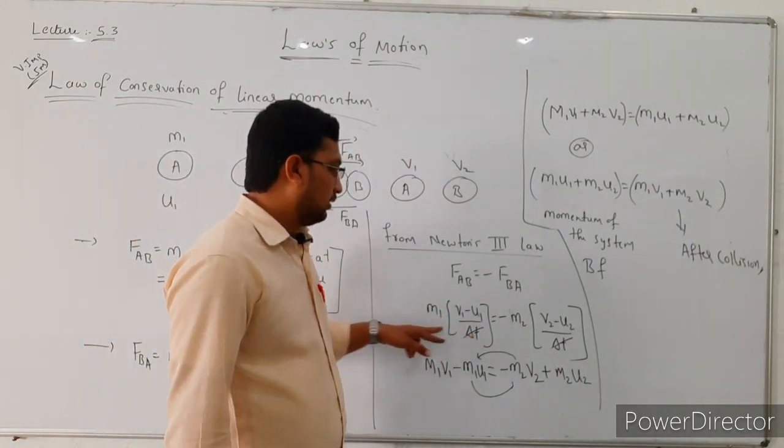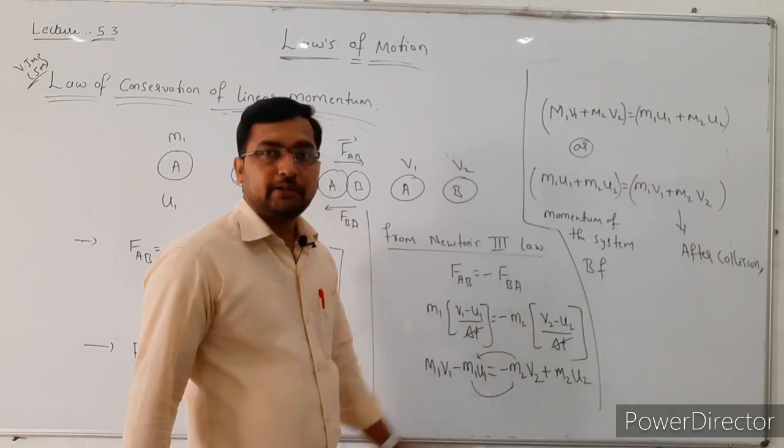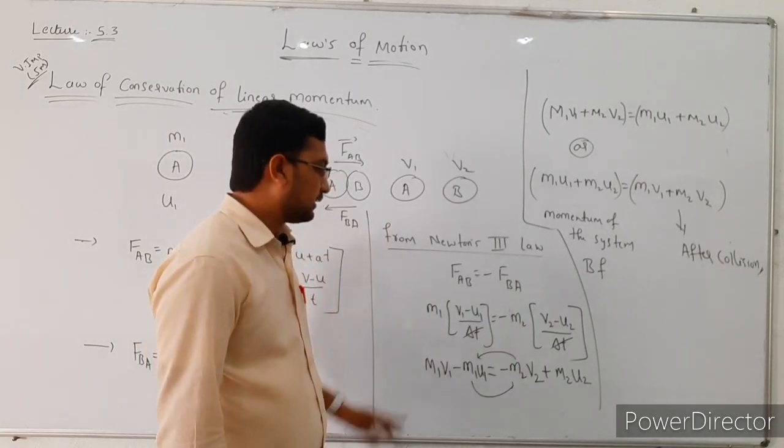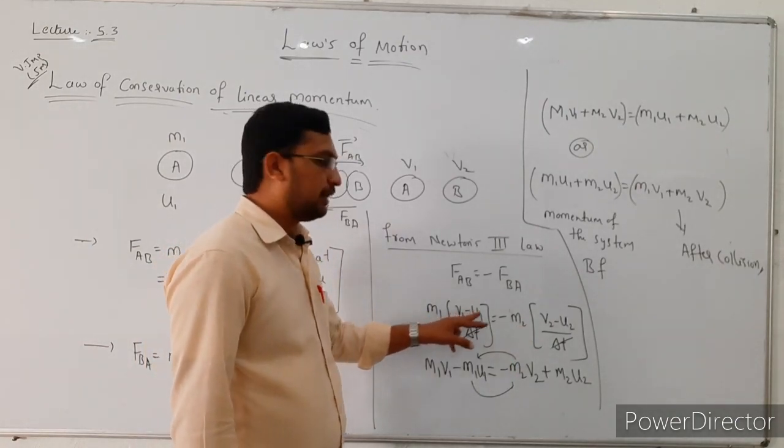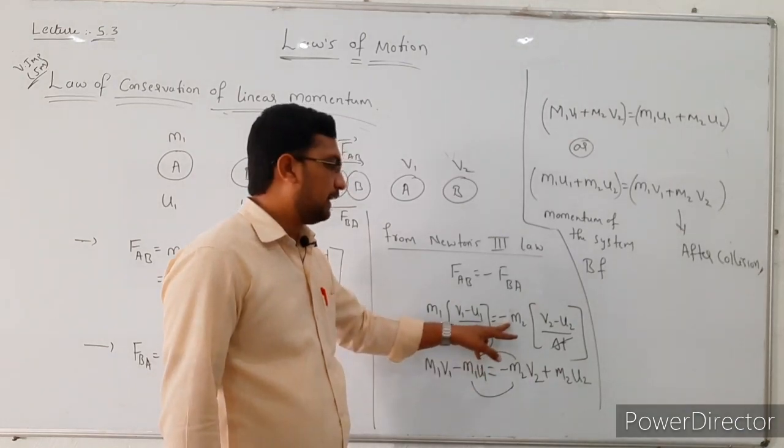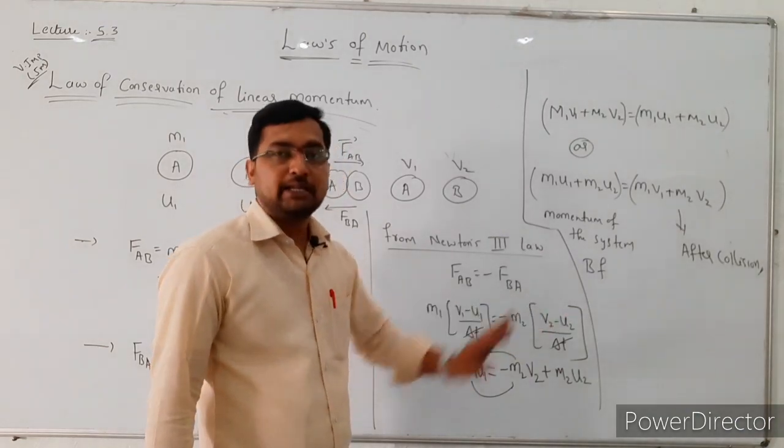Then the del t on both sides gets cancelled. The remaining factors are m1 bracket of v1 minus u1 equal to minus m2 bracket of v2 minus u2.